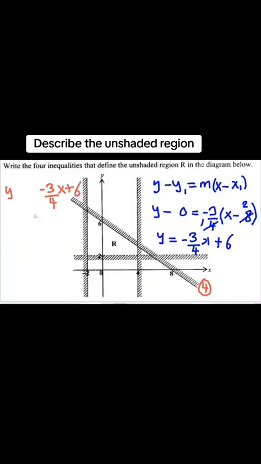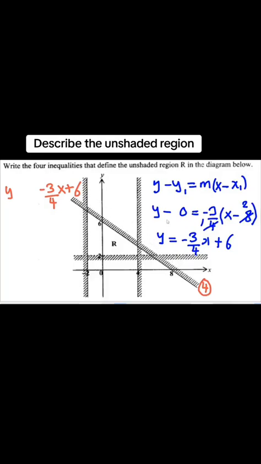So remember, we need to use the inequality sign. So what inequality sign are we going to use? First of all, this line is a solid line. So the inequality sign that we use must have the equal to. The shaded part is the upper part.